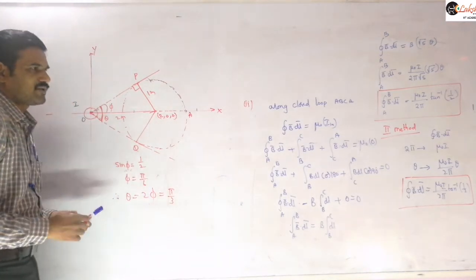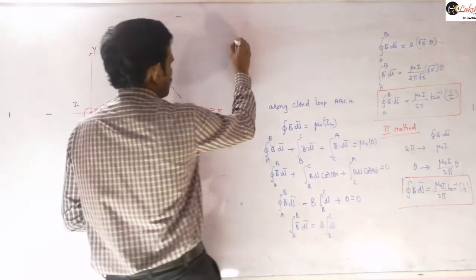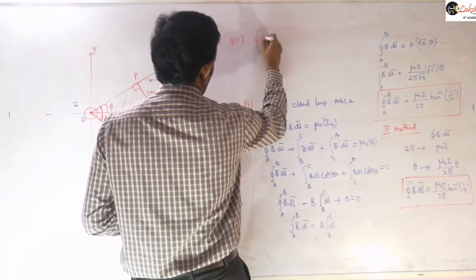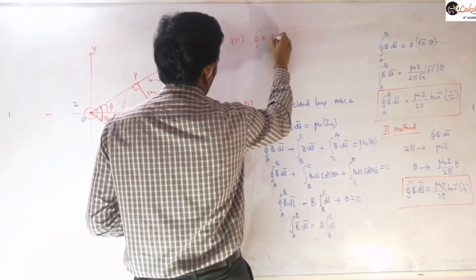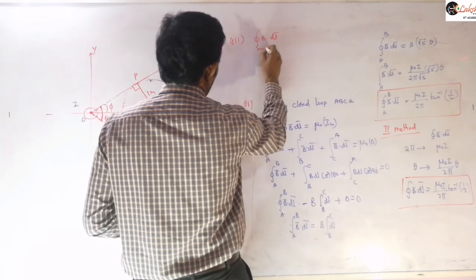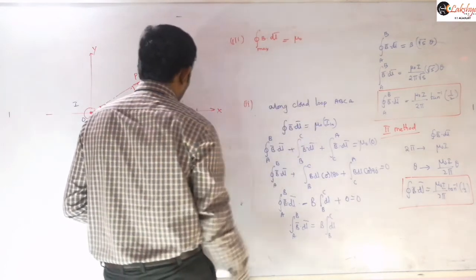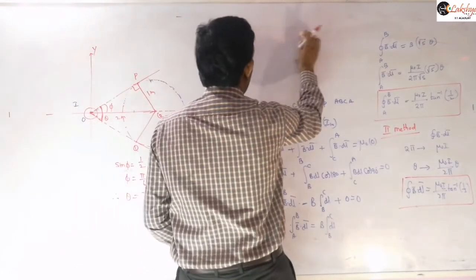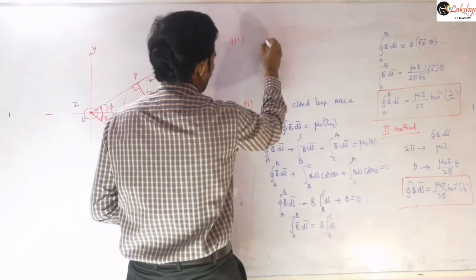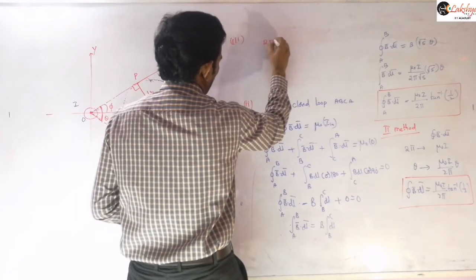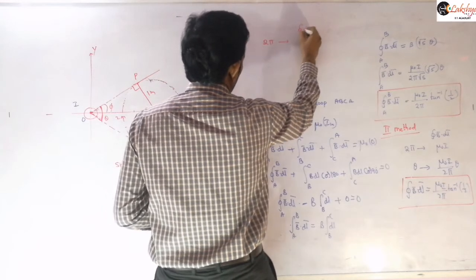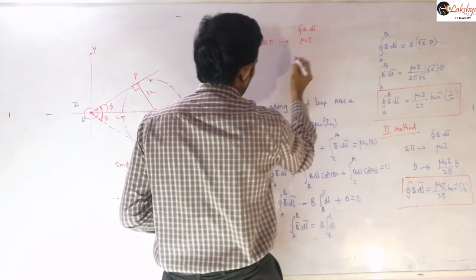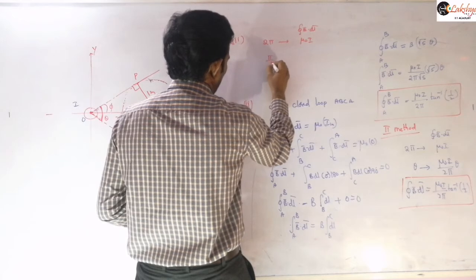Now I can write simply by using that method here. The b bar dot dl bar maximum value is equal to, by this simple logic, so finally I can mention this angle here. For 2 pi radian, the value of integral of b bar dot dl bar will be mu naught I. Now here we are taking an angle of pi by 3.